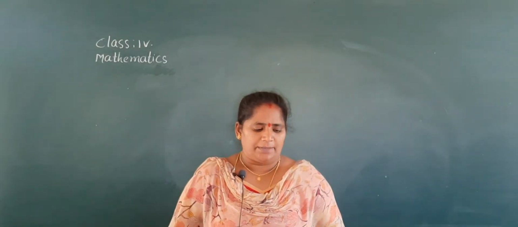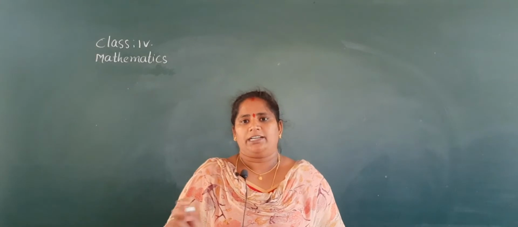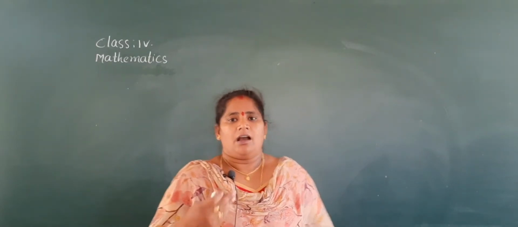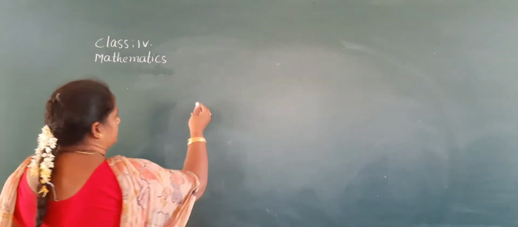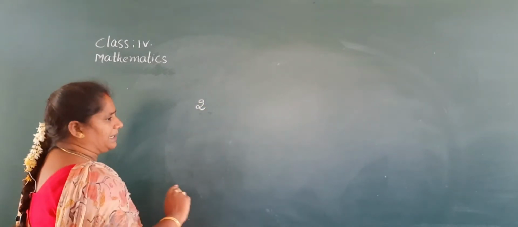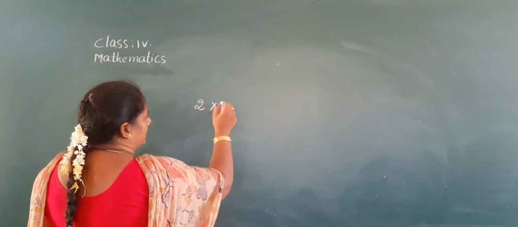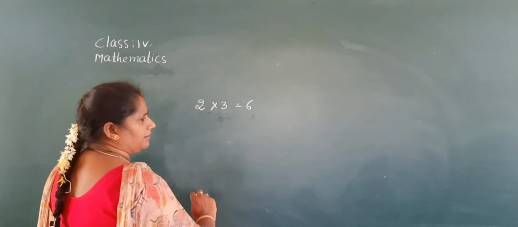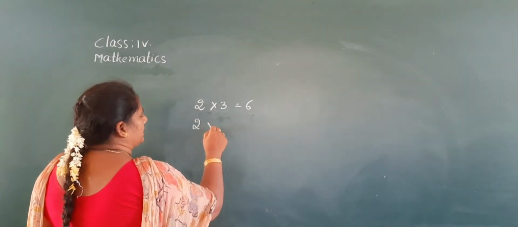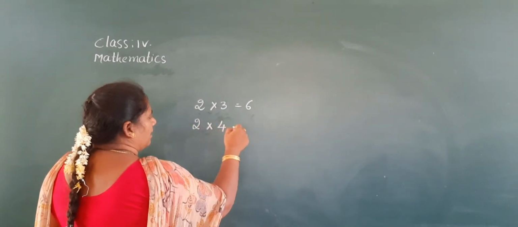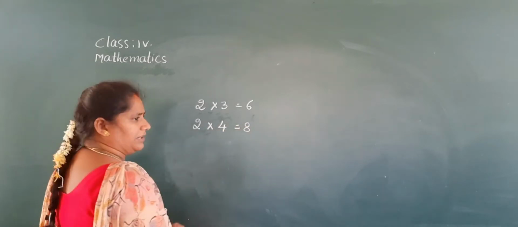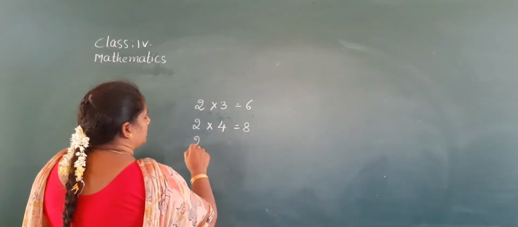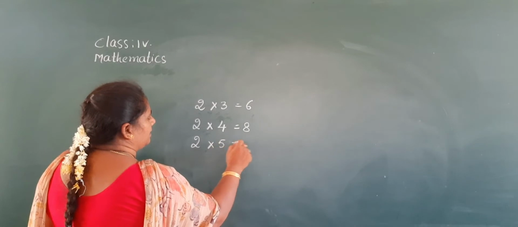And patterns in multiplication means the product of an even multiplicand with an odd or even. Suppose this is an even multiplicand. If you multiply by 3, we get even. If the even multiplicand is multiplied by an even number, we also get an even number. 2 5s are 10.